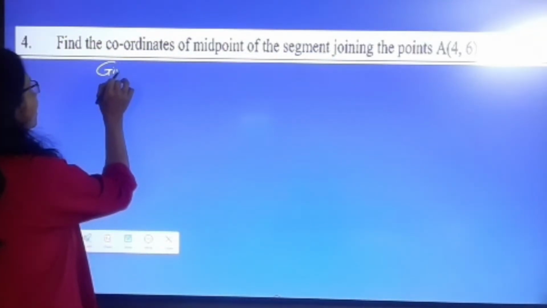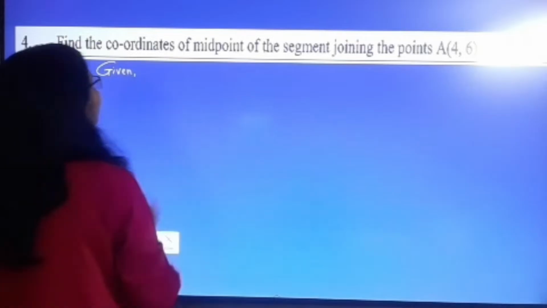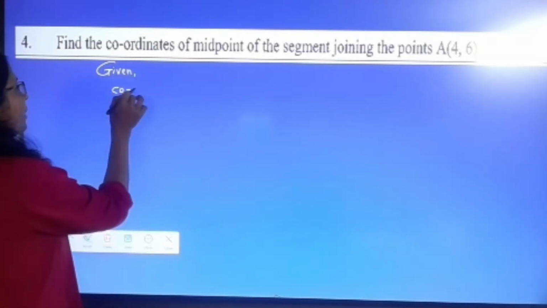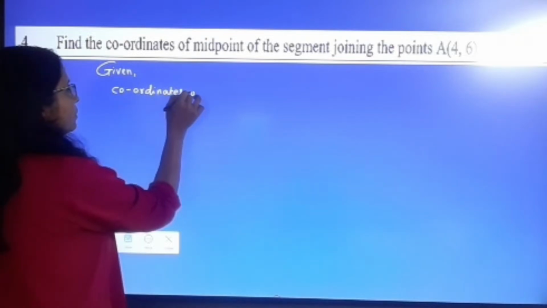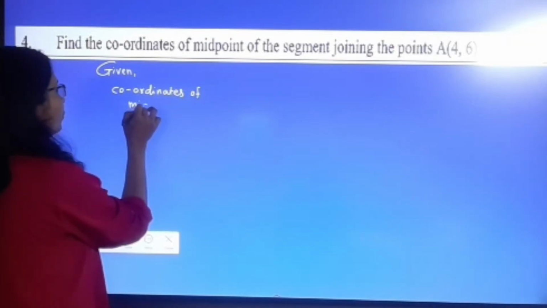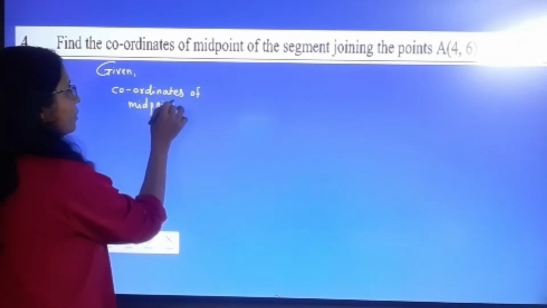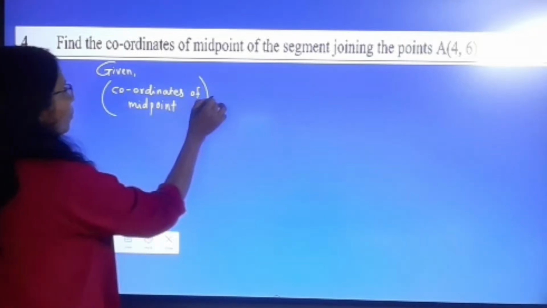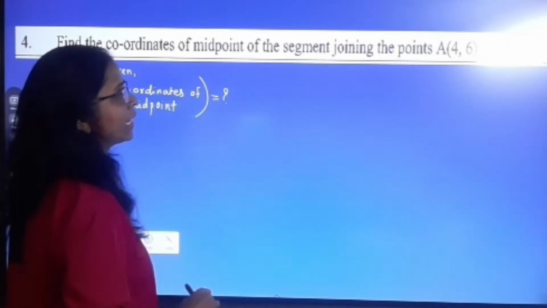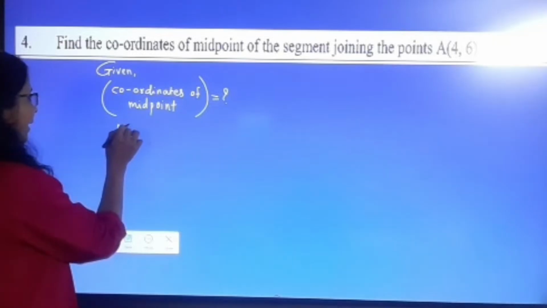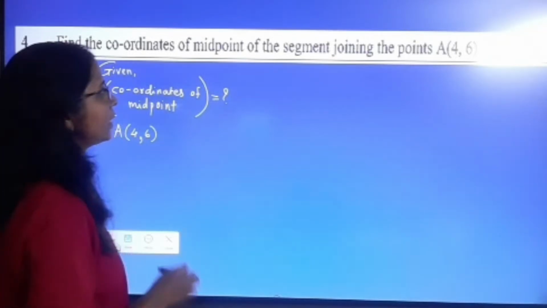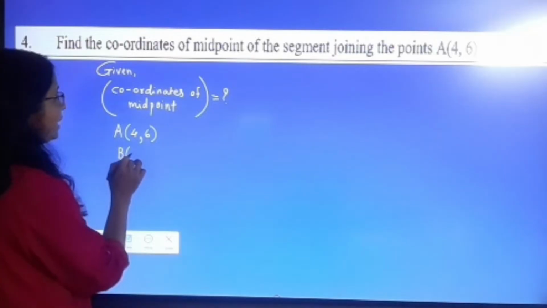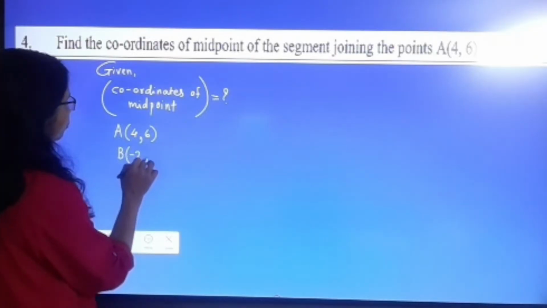So now here students, the given: find out the coordinates of midpoint. Coordinates of midpoint is equal to question mark. The first point is A(4, 6), and the second point is B(-2, 2).